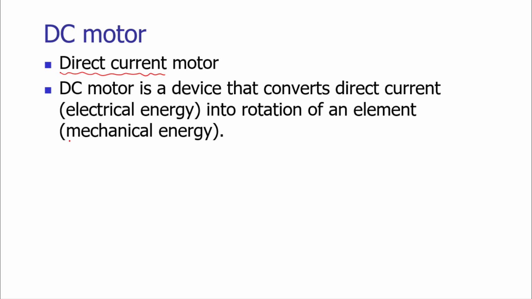Where the mechanical energy is required, that we have seen in our previous class. In the product life cycle, there are various manufacturing related functions that require the mechanical energy.